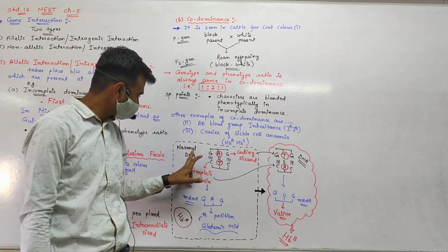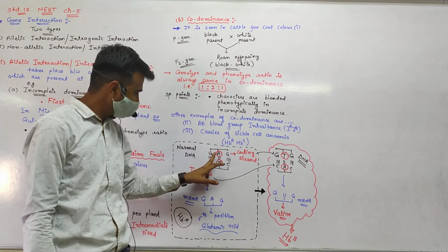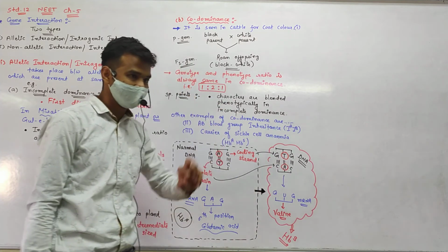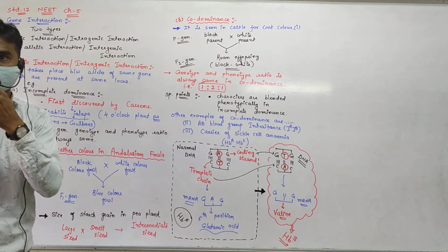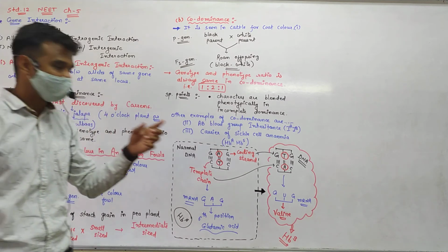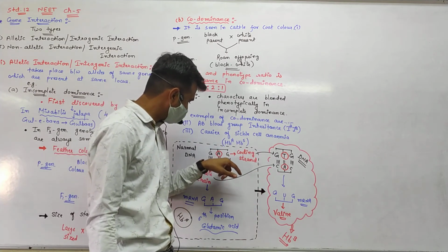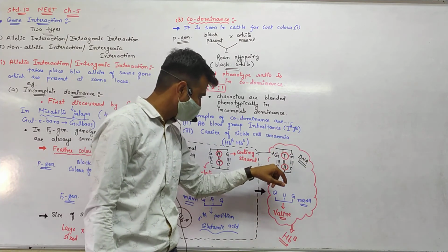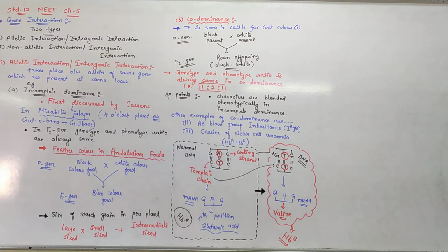On the normal strand of the DNA, GAG becomes GTG. So on the complementary strand, instead of CTC, it becomes CAC. As a result, on the mRNA strand, the code will be altered, that is GUG.